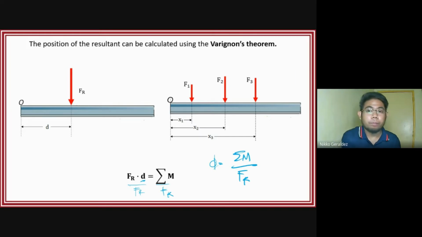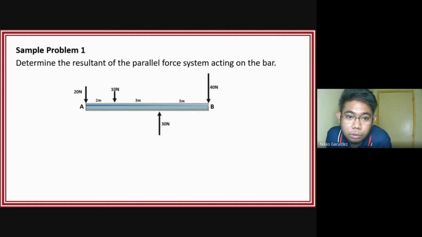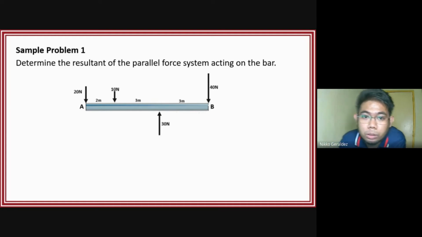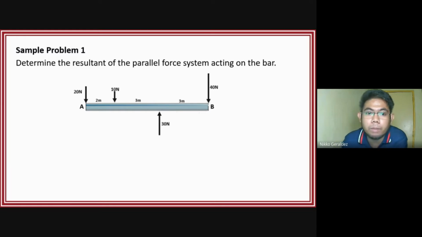So, halimbawa, ito. Sample problem 1. So, determine the resultant of the parallel forces. So, meron kang 20 newtons downward, 10 newtons downward, 30 newtons upward, and 40 newtons downward. So, solve natin.